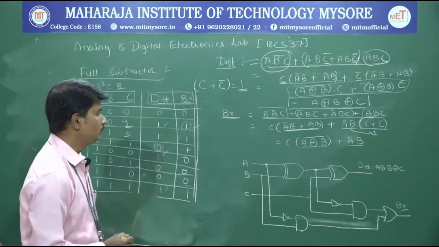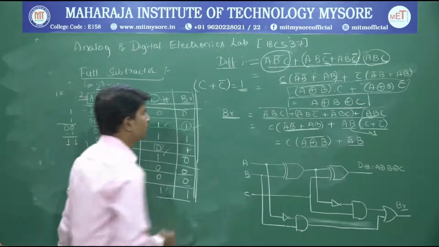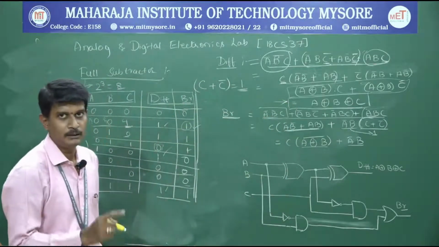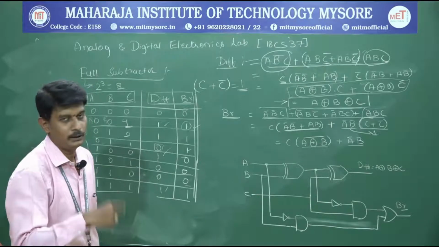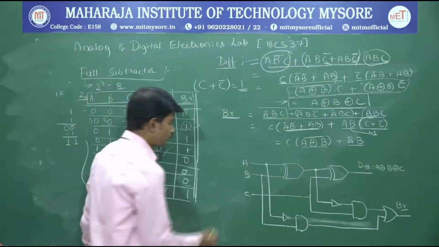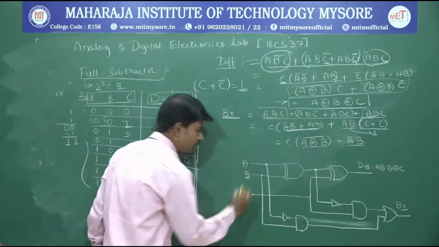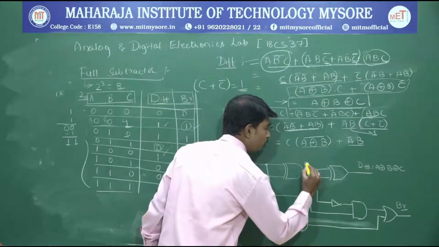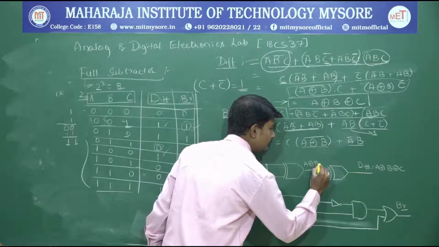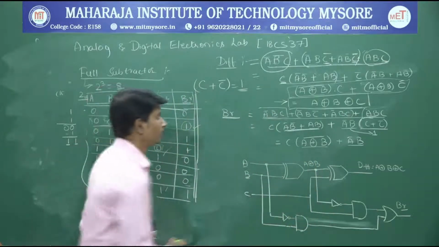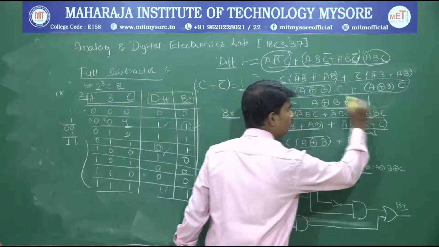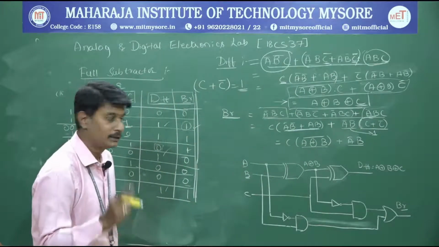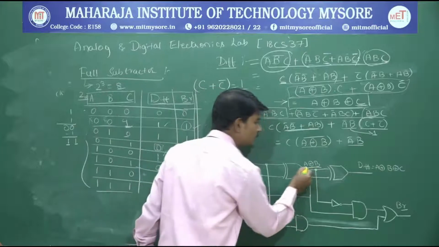Now let's write the logic diagram for that. First we consider the difference equation, which is A XOR B XOR C. Take the two variables A and B and do an XOR operation, which gives A XOR B. Now I have to add one more variable, C, which has to be XORed again with this result.